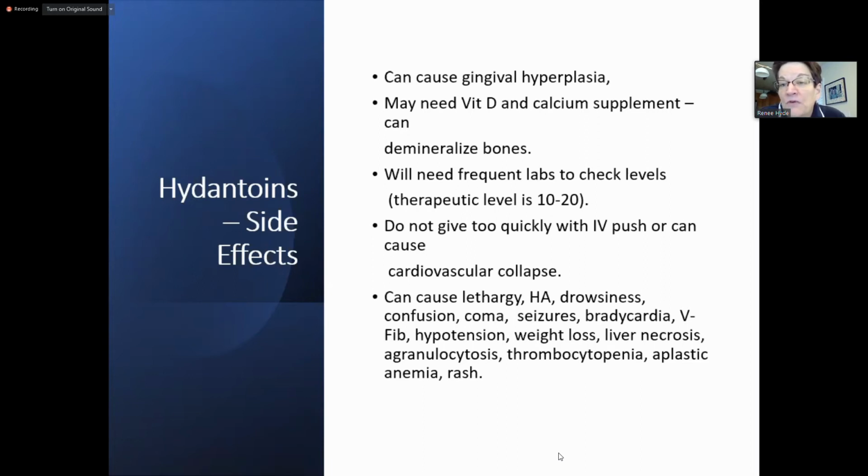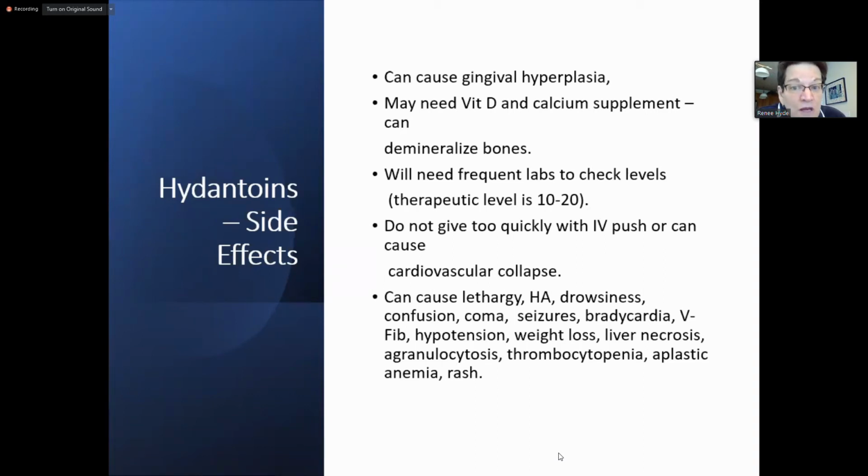The way that we prevent that is brushing and flossing. A lot of times patients on Dilantin or phenytoin need vitamin D and calcium supplementation because it can demineralize bones and cause osteoporosis.